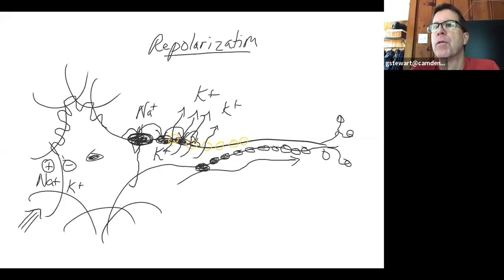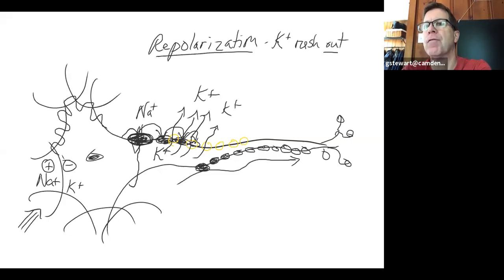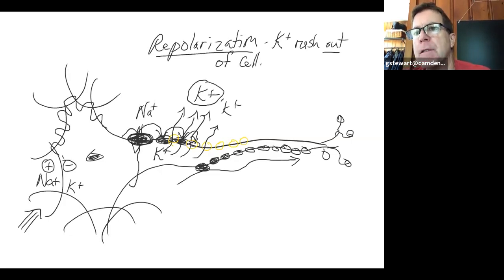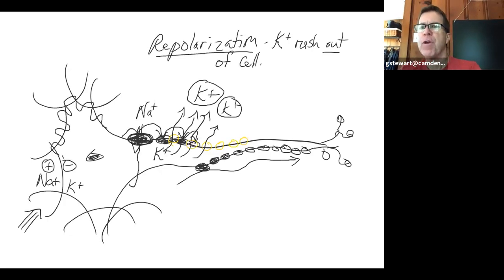So during repolarization, the first thing you need to think of is potassium ions rush out of the cell, and enough of them rush out of the cell. Remember, they're positive as well. Enough of them rush out of the cell to repolarize the membrane, to cause a positive environment out here again and a negative environment in here again.